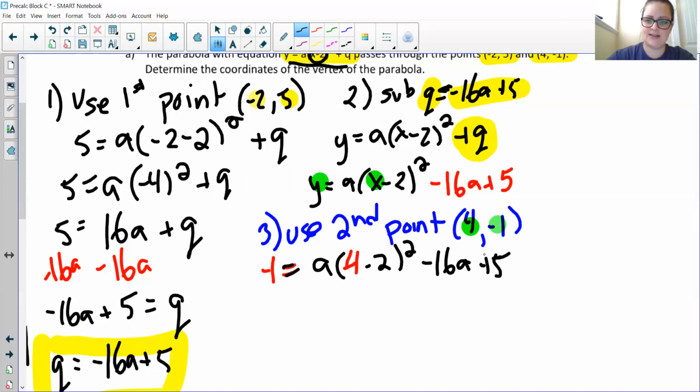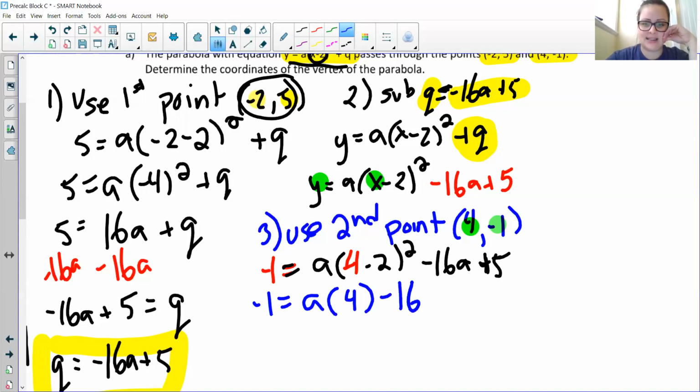Okay, so that negative 16a plus 5 ensures that this parabola also will fit that first point that we had on it. Okay, so from here we're now simplifying and going to use some algebra to isolate. So negative 1 equals a times 4 minus 2 is 2, 2 squared is 4, minus 16a plus 5.